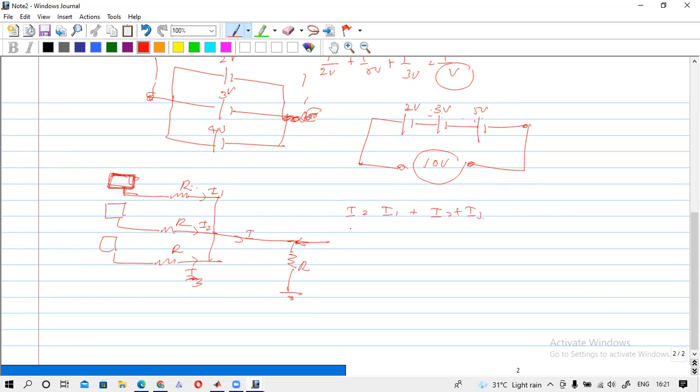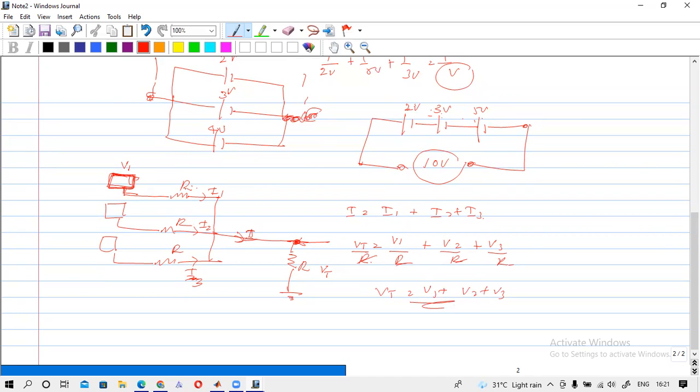Then I1 is nothing but, if the voltage here is V1, V1 by R, plus V2 by R plus V3 by R. So this is the total I. If this I goes through this R again, it will generate another voltage, let's say VT, the total voltage. So I is VT by R. You can see that the Rs cancel out, and you will get VT equal to V1 plus V2 plus V3.